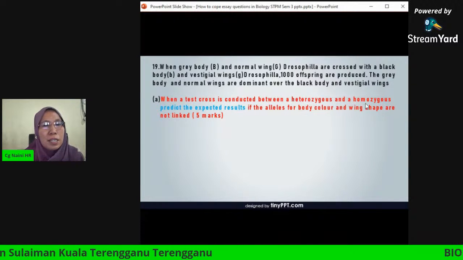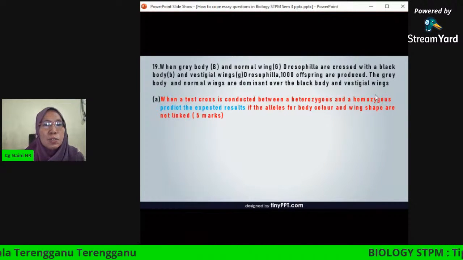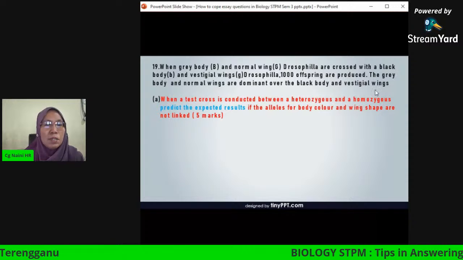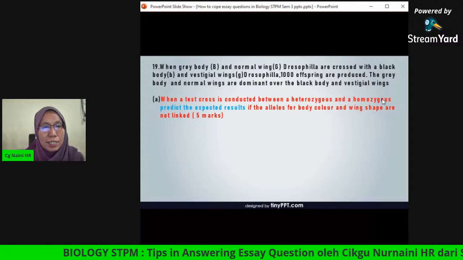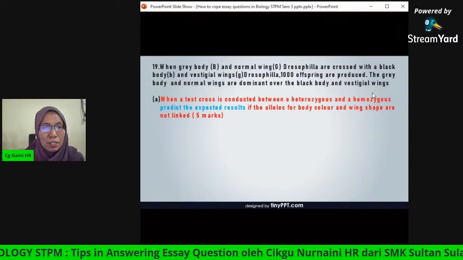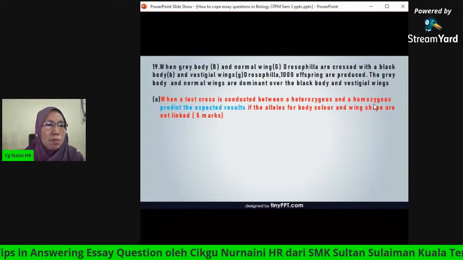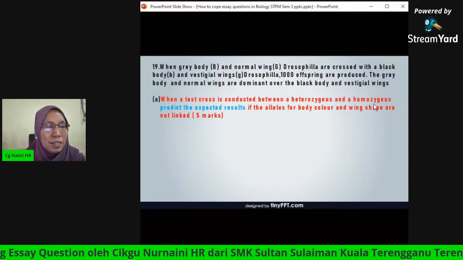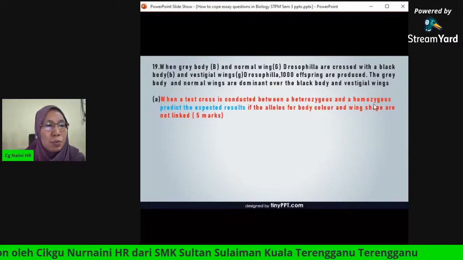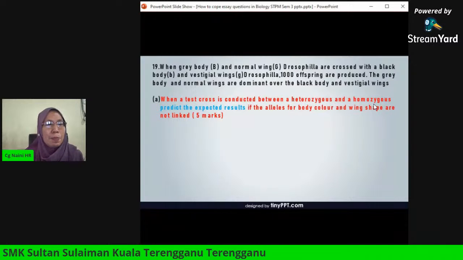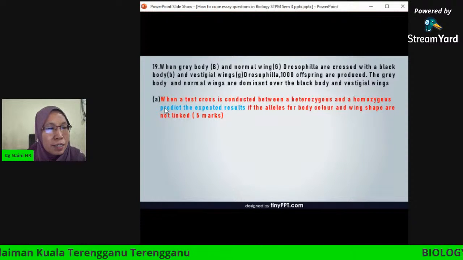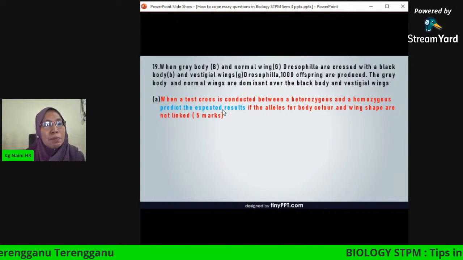Homozygous refers to the recessive, because in a test cross the heterozygous parent must cross with the homozygous recessive. This question does not state recessive, but you must remember how a test cross is conducted. So the question is, predict the expected result.